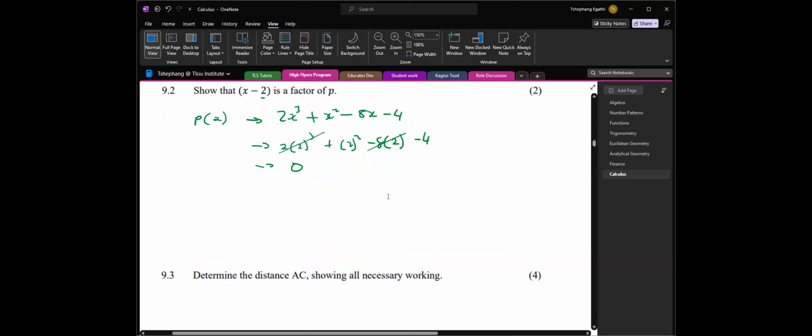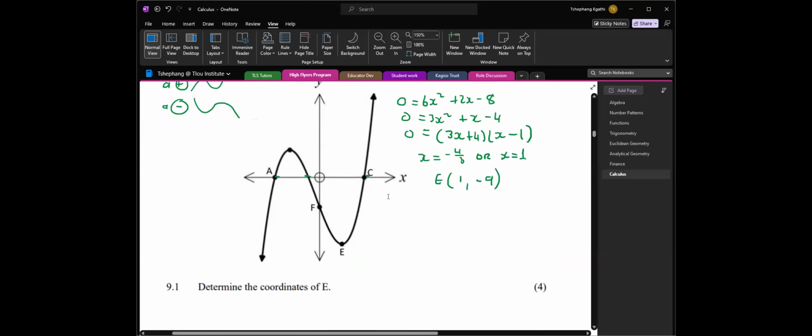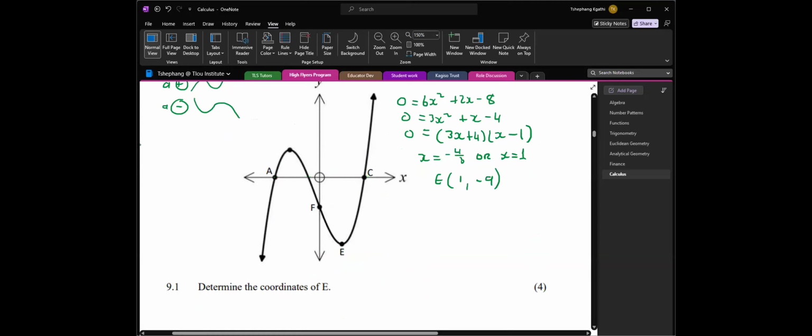Now, determine the distance of AC showing all methods working. Distance AC. Okay, that shouldn't be a problem. We are looking for that distance there.